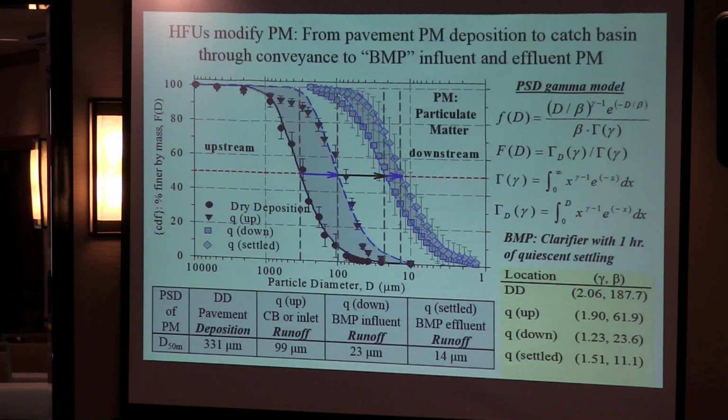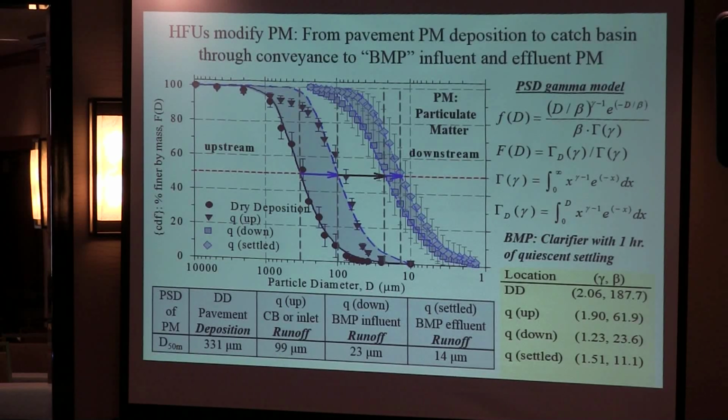Now, particulate matter is not just particulate matter. It is not just measuring this thing called total suspended solids. Particulate matter represents a whole spectrum of size distributions, from dry deposition at the upper end of the urban watershed, and as we move down the watershed, obviously this becomes finer and finer as different particles are selected and removed within the urban watershed.